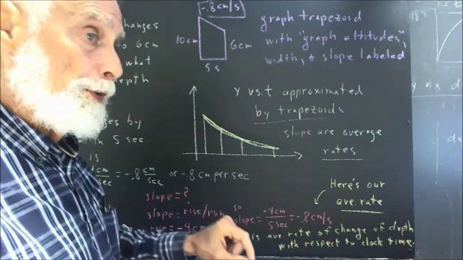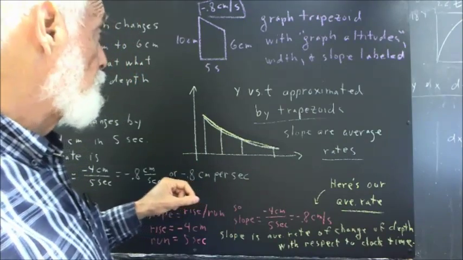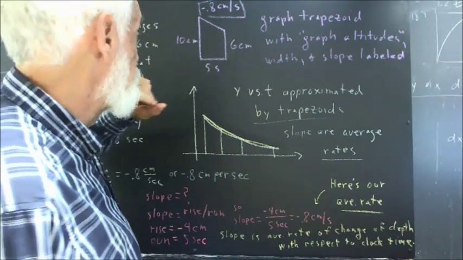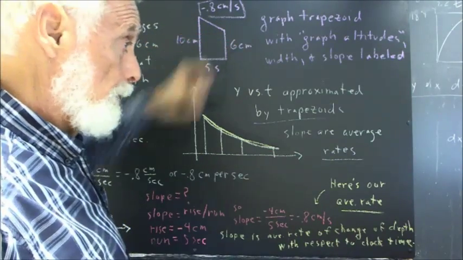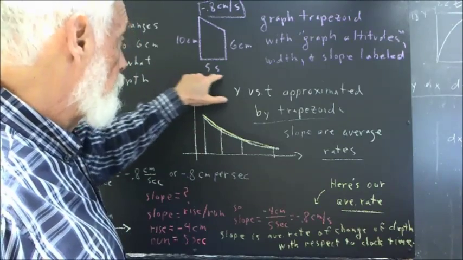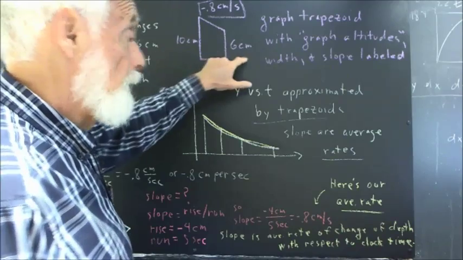In general, an altitude is measured perpendicular to a base. Okay? Now in this case, we say the trapezoid has two bases, and you measure the altitude perpendicular to the bases. And the altitude would therefore be the 5 seconds, and the 10 centimeters and 6 centimeters would be the bases.